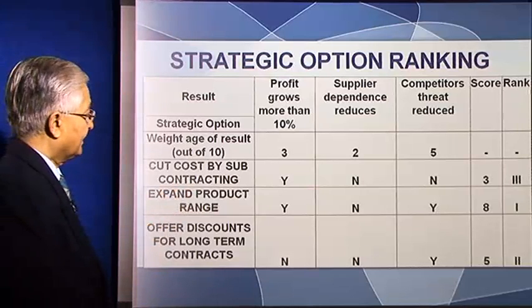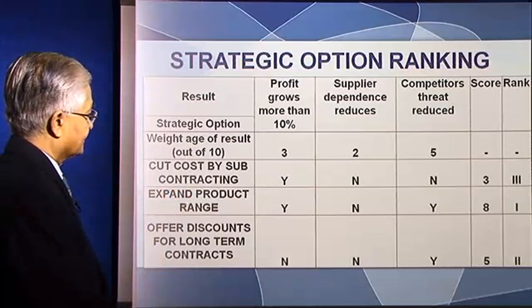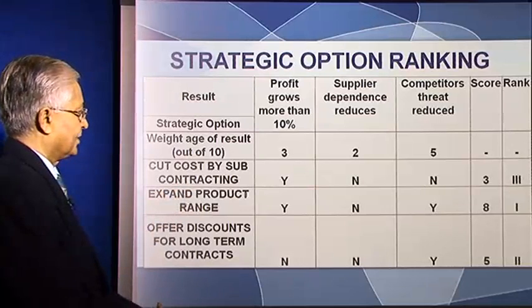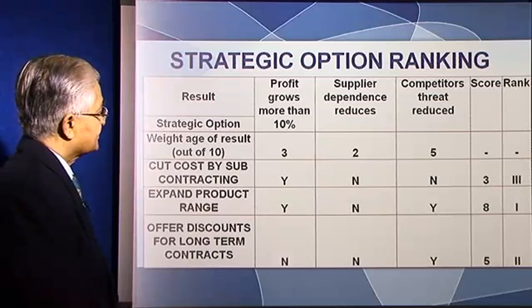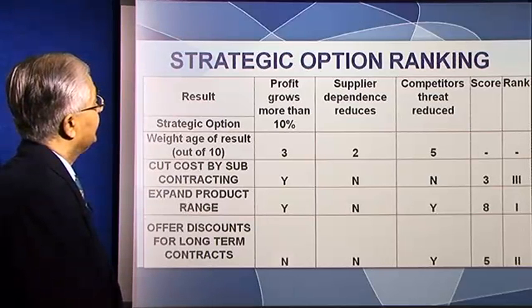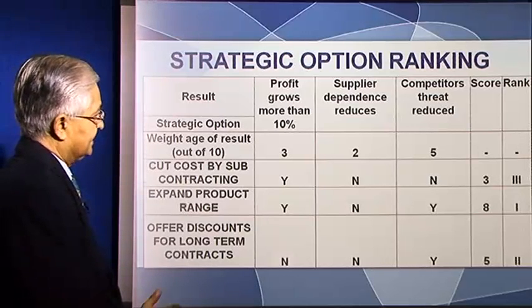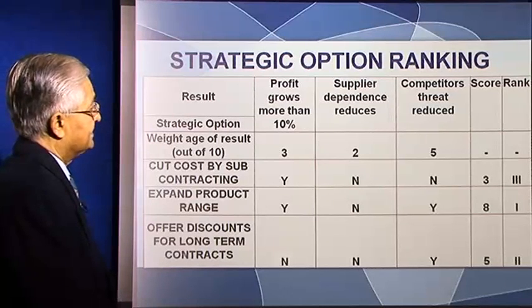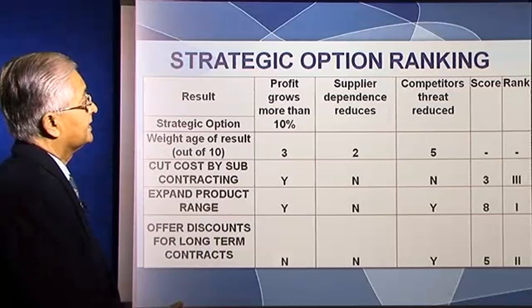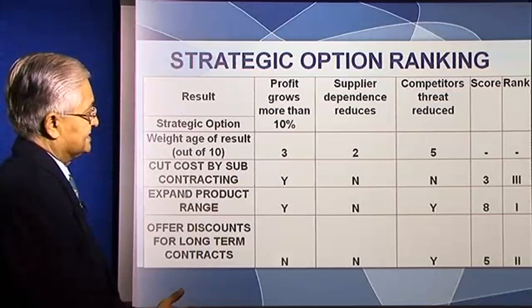Now let's look at the second option, expand product range. Will the profit grow by more than 10%? Yes. Will it reduce supplier dependence? No. Will competitive threat be reduced? Yes.